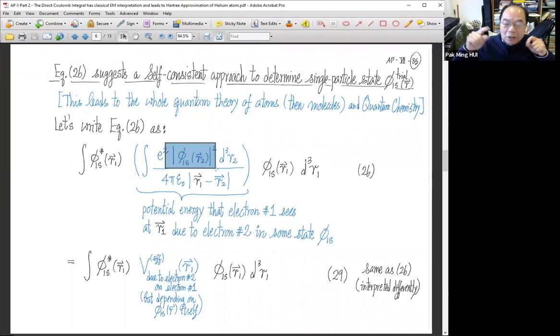From that point on, you need to do numerical iteration to get a self-consistent answer. That is called the Hartree approximation. And that's the beginning of the whole chemistry industry. I will explain this a little bit more on Thursday.